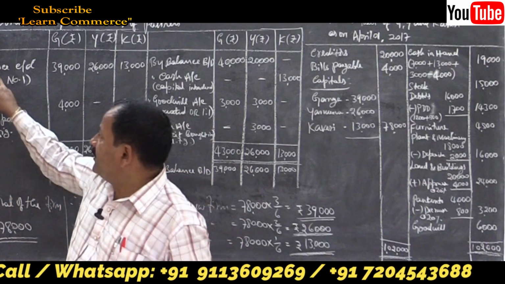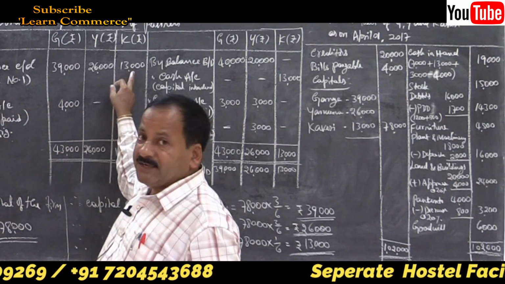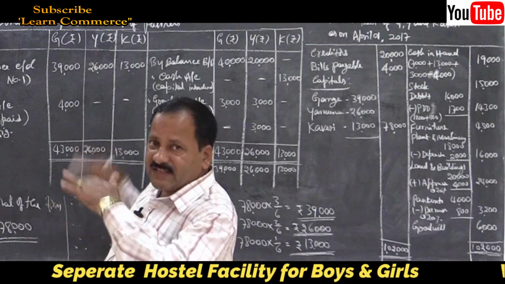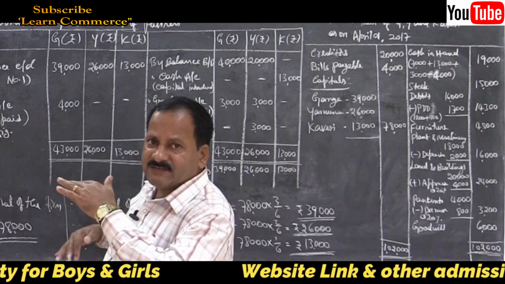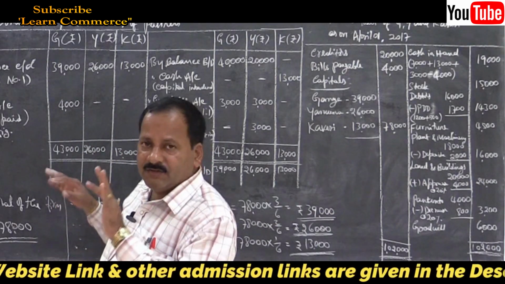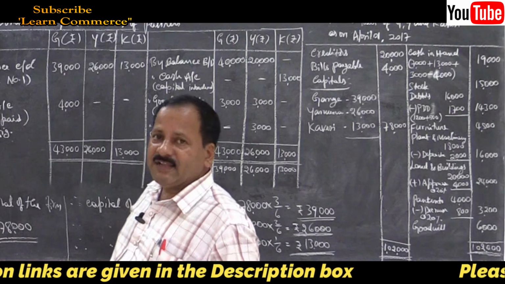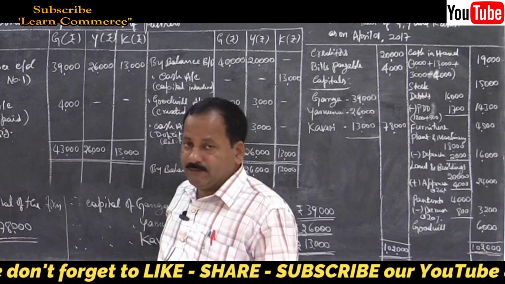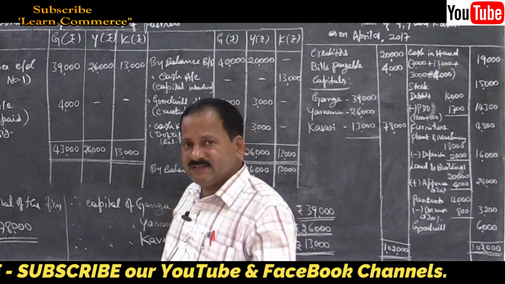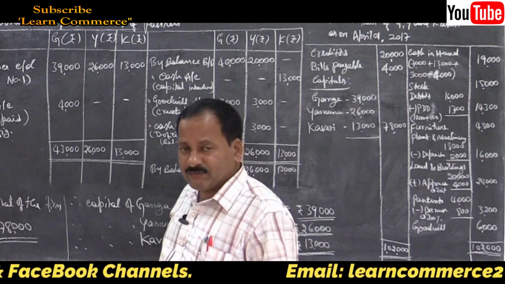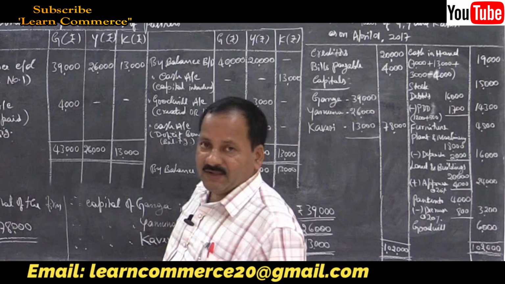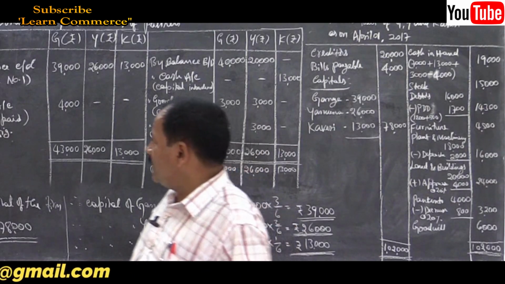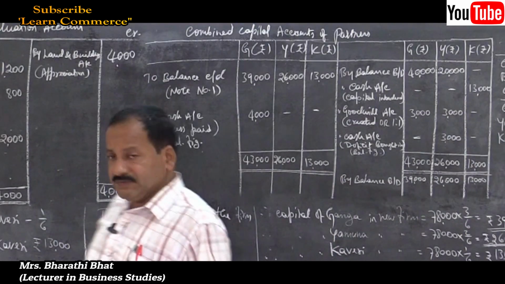Then write it as to balance carried down, write it first, then balance the account. Wherever there is excess or shortage, on the shortage side write by cash or to cash or by bank or to bank, as the case may be. If cash is there, cash, otherwise bank, cash at bank is there, cash is not there at all, then to bank or by bank. Excess or deficit, remember, this is how you have to solve a problem.